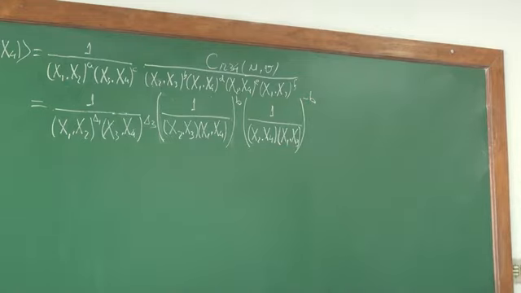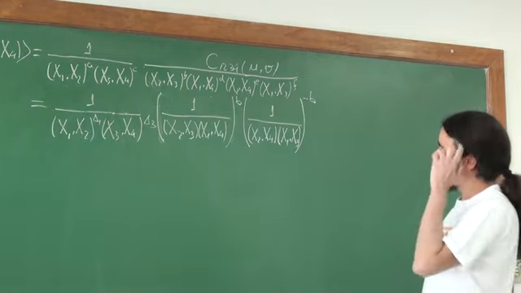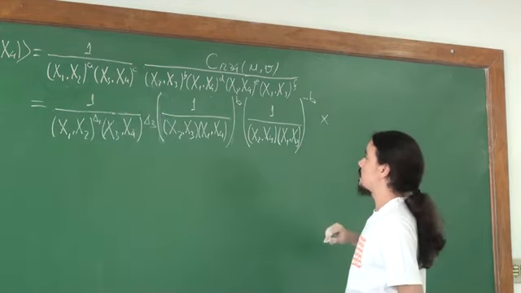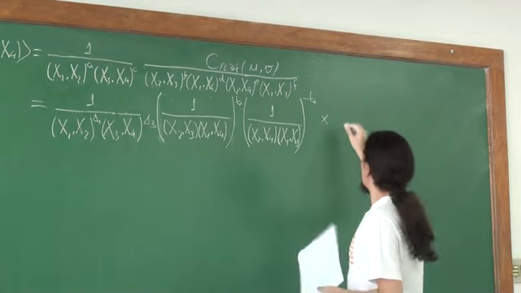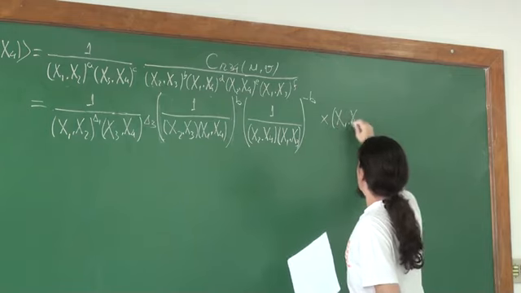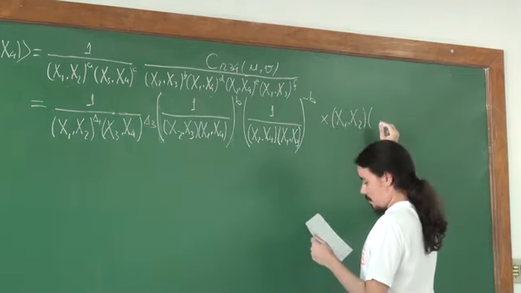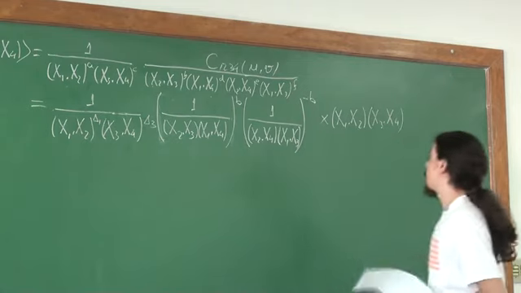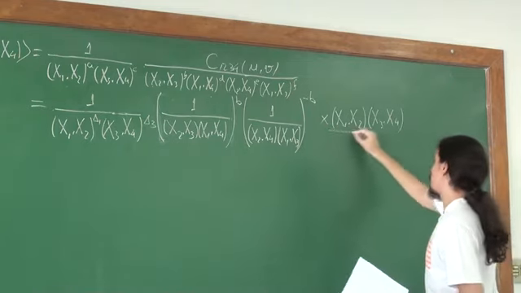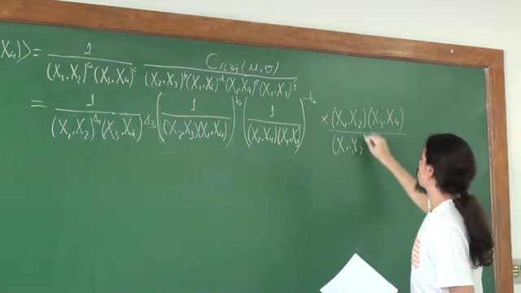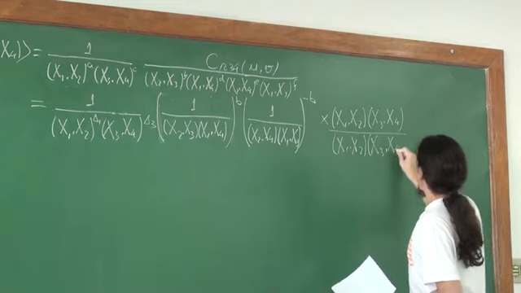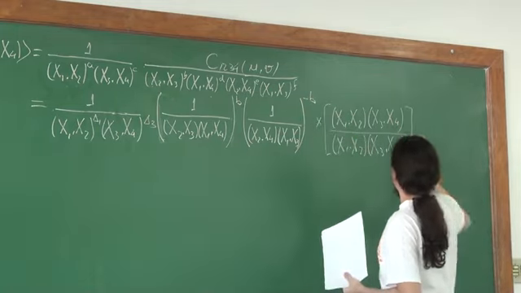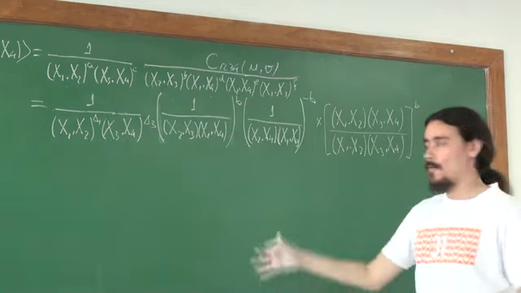Now we just do one sneaky thing here. I'll multiply this by x1, x2, x3, x4. I'll multiply and divide by this. So what happens?